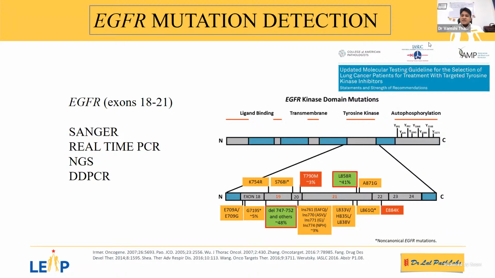The secondary resistance mutation is T790M, preferably checked by droplet digital PCR, and then the tertiary resistance mutation is C797S, which can be checked on liquid biopsy or on tissue biopsy by droplet digital PCR, which would give you a good, sensitive technique.